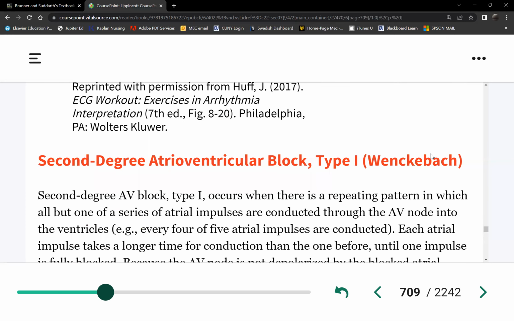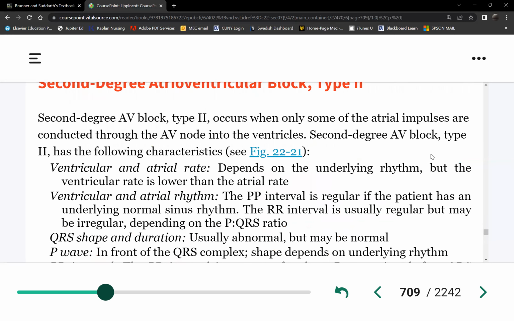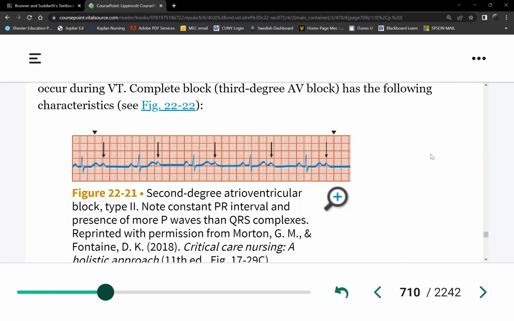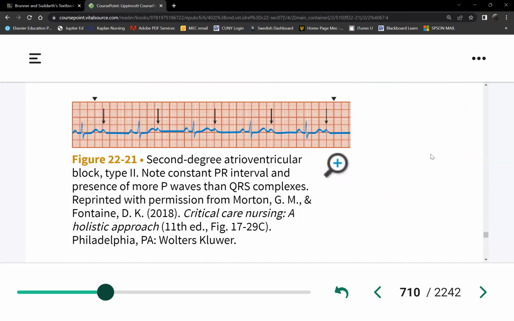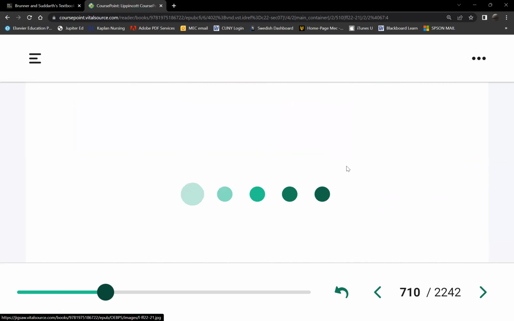Second degree type 2 is quite serious because look at what happens to the heart rate. In second degree type 2, what happens to your heart rate?